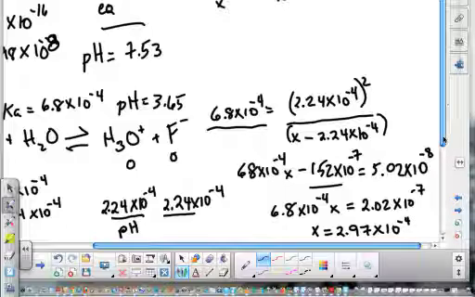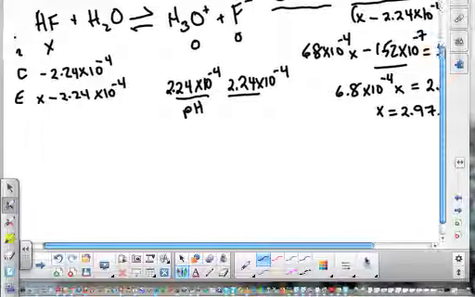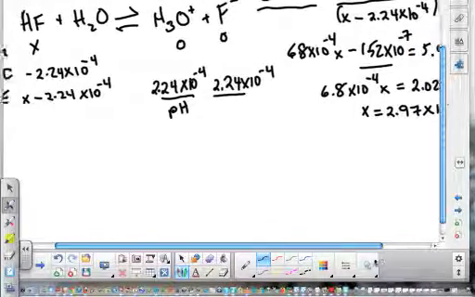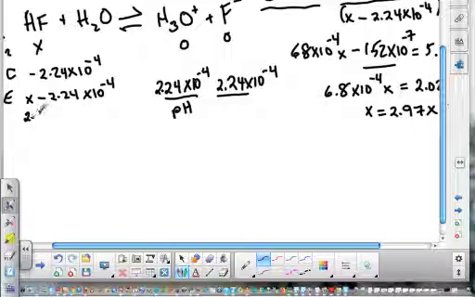So I want to talk about, having given that, so essentially you're just putting this here. If you wanted to know your equilibrium concentration, it's that minus the 2.24 times 10 to the minus 4. So remember, always go back to the ICE table.